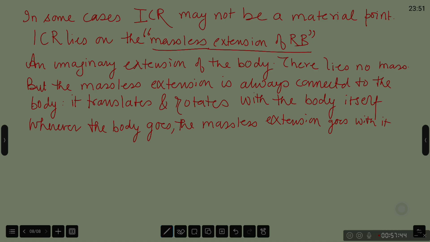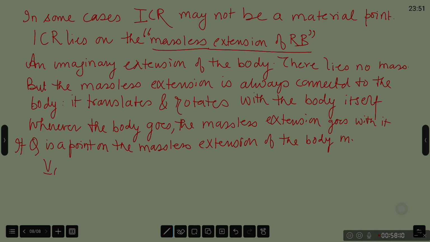If Q is a point on the massless extension of the body M, by definition VQM will be 0 and AQM will also be 0.